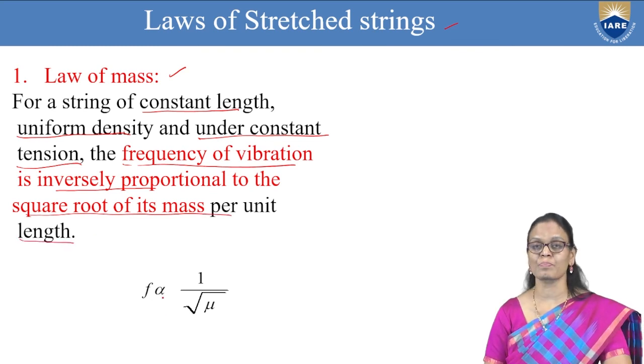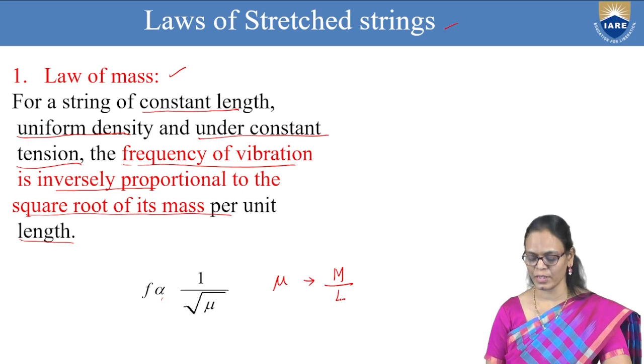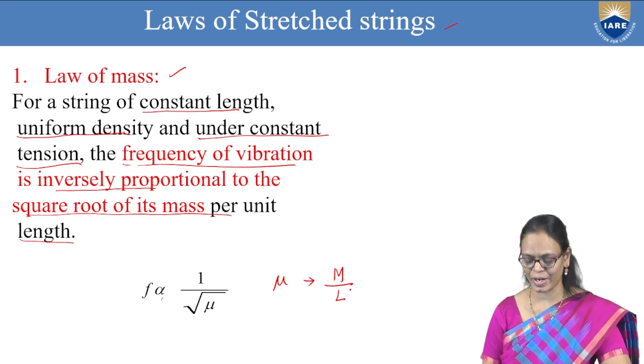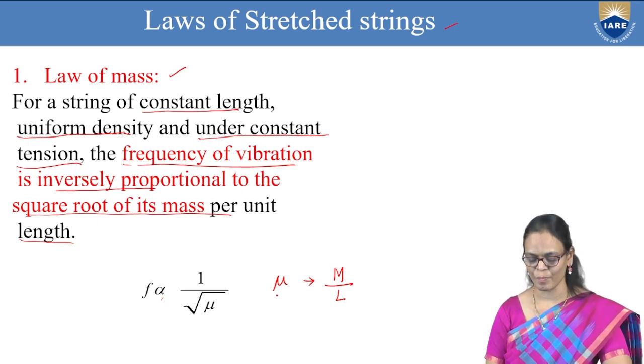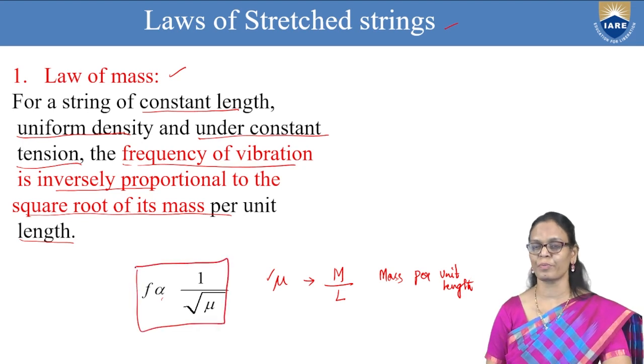So F is proportional to 1 upon root mu. What is mu here? Mu is the mass per unit length: the total mass of the string divided by the total length of the string. This is called mass per unit length.